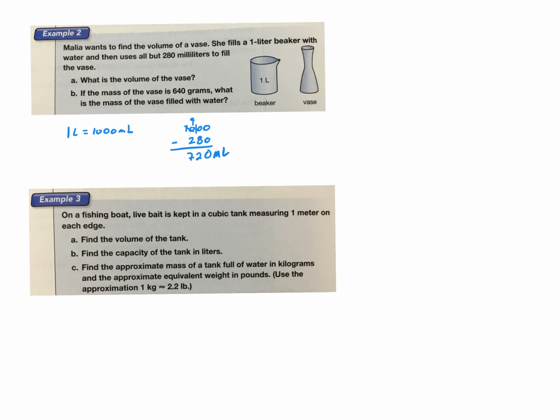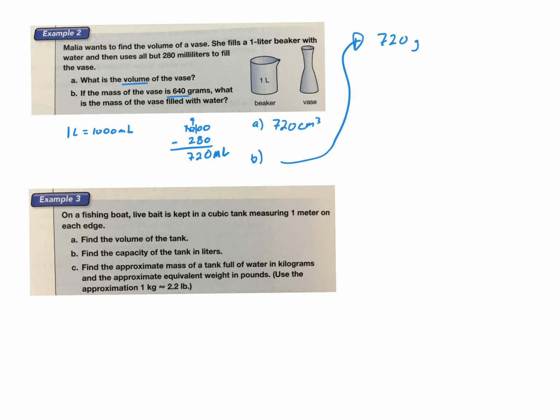But it didn't ask for the capacity, it asked for the volume. But remember, each milliliter is the same thing as 1 centimeter cubed. So for part A, it will be 720 centimeters cubed. For part B, it says if the mass of the vase is 640 grams, what's the mass of the vase and the water together? So remember, the mass would be 720 grams.